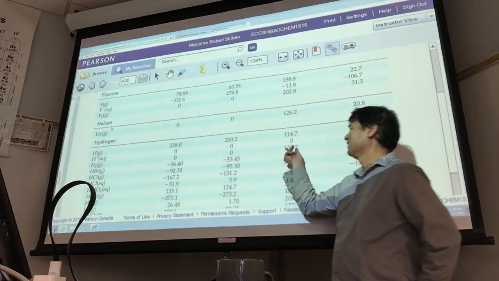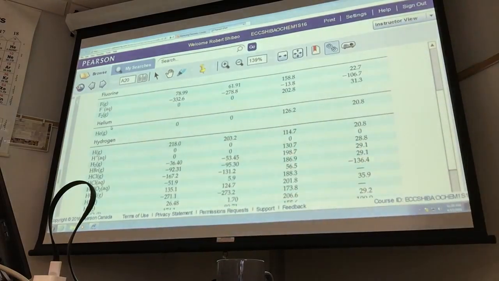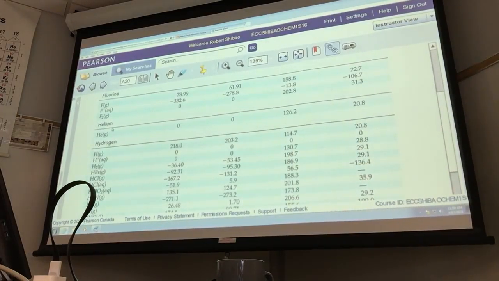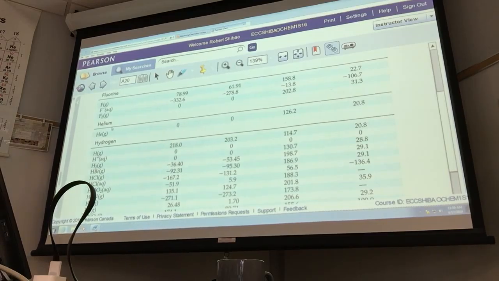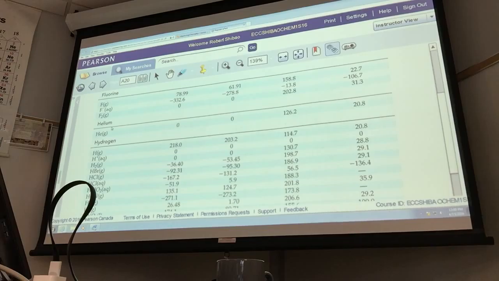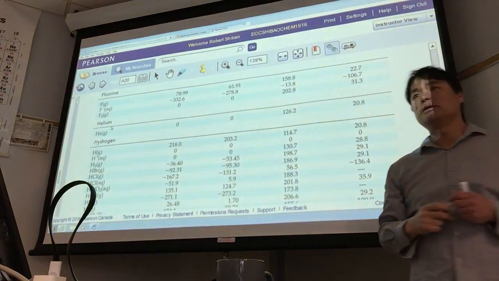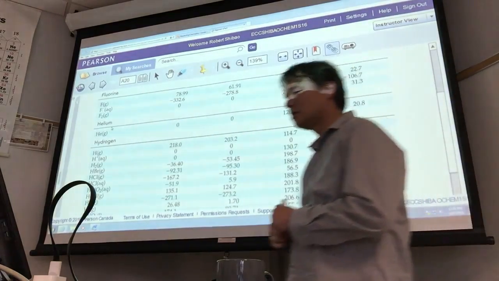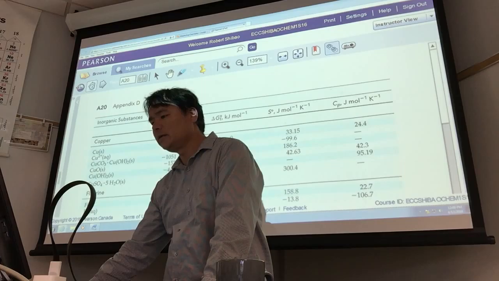130.7. But we only have 1/2 mole, so it's going to be 1/2 mole times 130.7 joules per mole Kelvin. Chlorine, which should be comparable to hydrogen, so let's take a look at the entropy for chlorine.